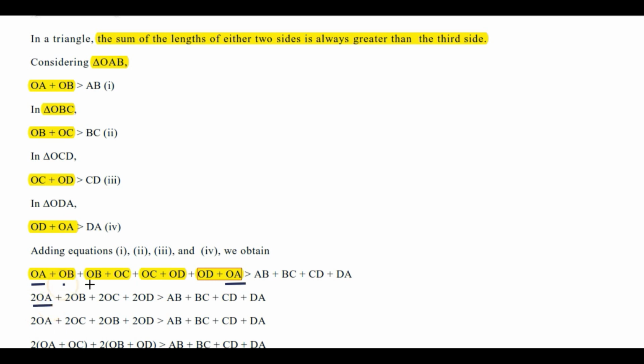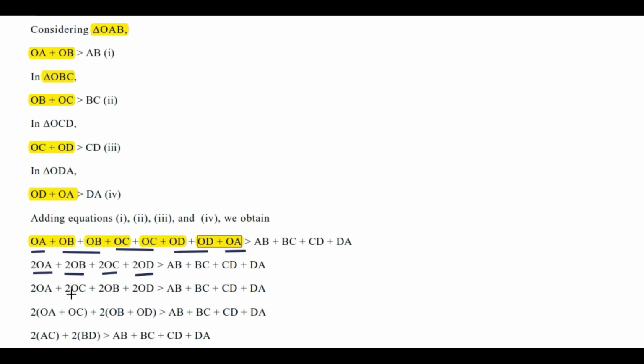Then we have two OBs, which is equal to 2 OB. Then we have 2 OC, where their sum equals 2 OC. Then we have two ODs, whose sum is 2 OD. Then AB plus BC plus CD plus DA. Now take 2 common.